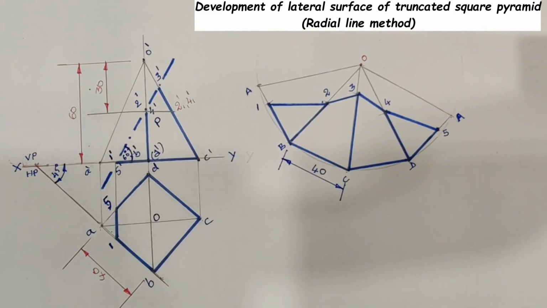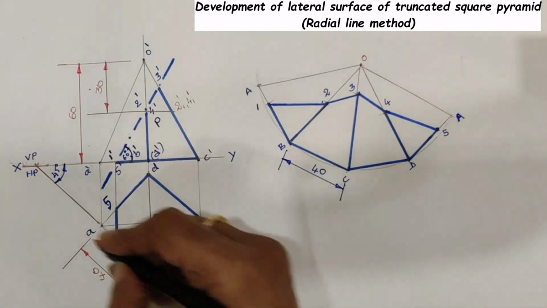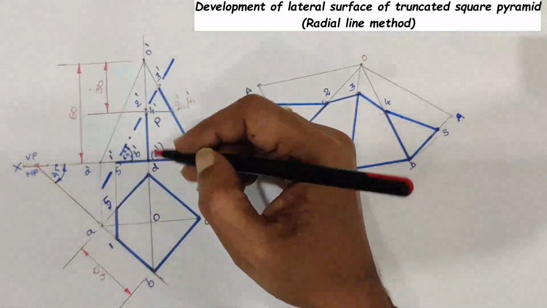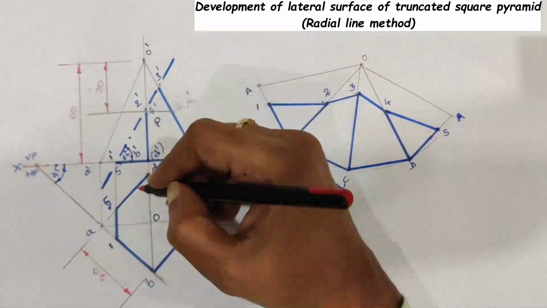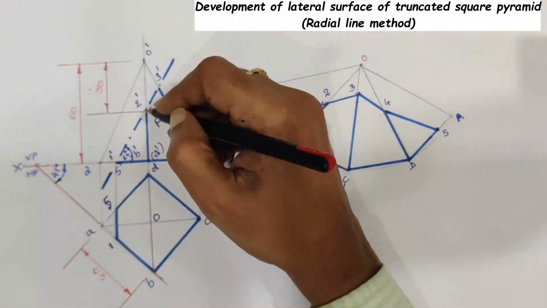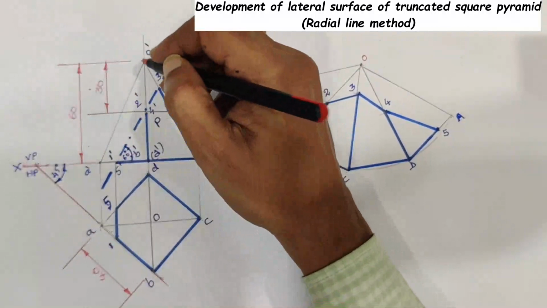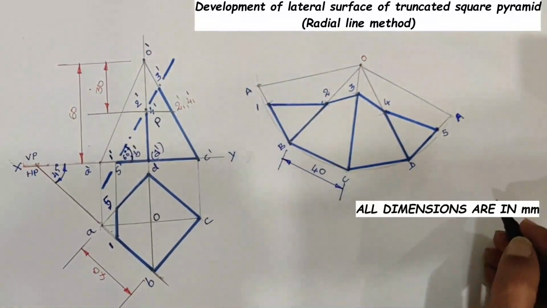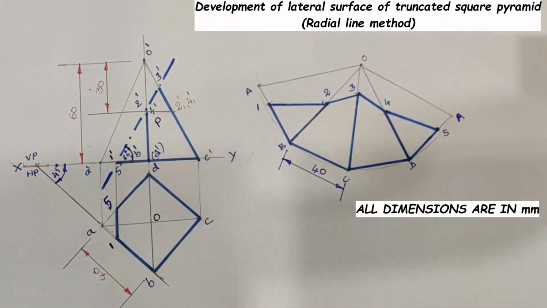Related to the dimensioning details, the base side length of the square pyramid is 40 mm, axis height is 60 mm, and the section plane is passing through the midpoint of the axis. That means the midpoint of the axis is at a distance 30 mm from the base or from the apex. That means all the dimensions are in millimeters.